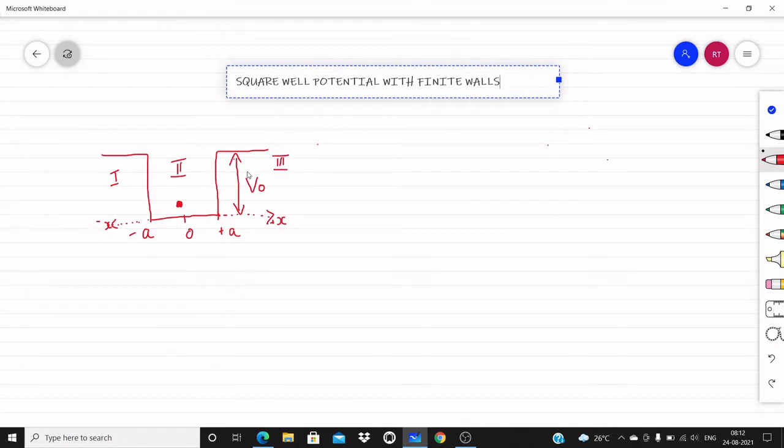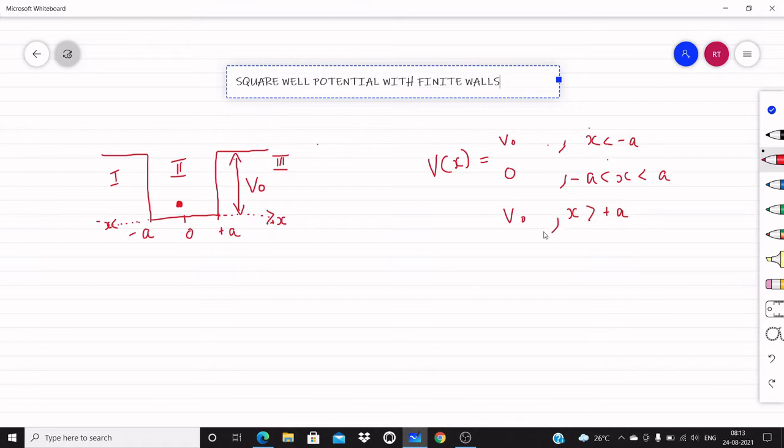If we divide the available space into 3 regions and write the value of potential, V of x is equal to V0 for x less than minus a, and 0 for minus a less than x less than plus a, and V0 again for x greater than plus a.